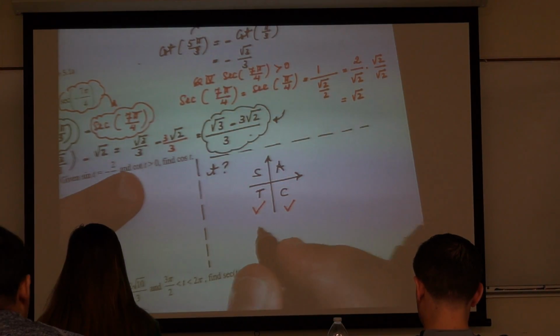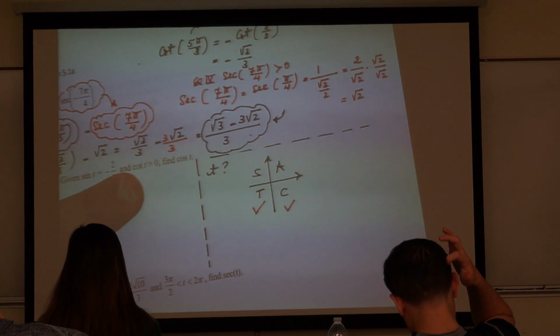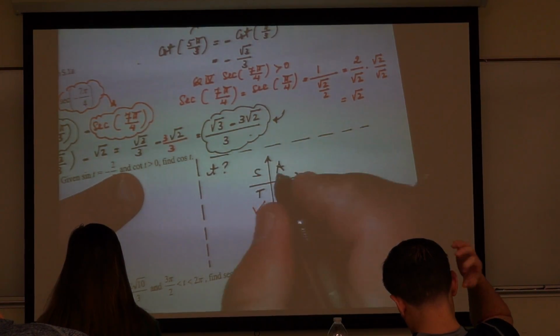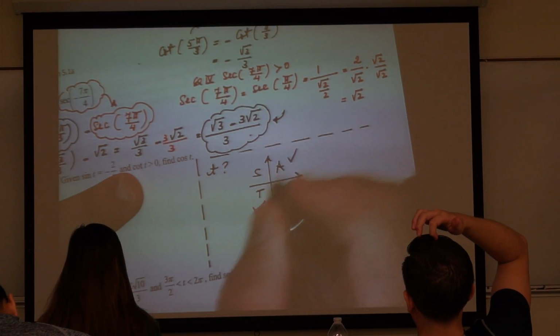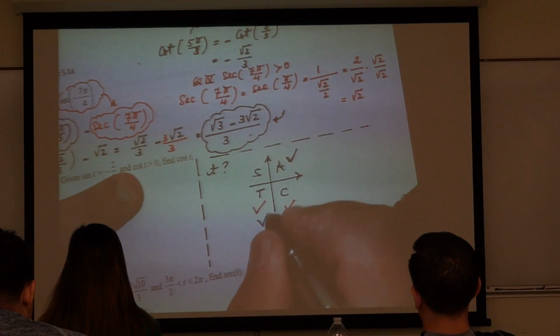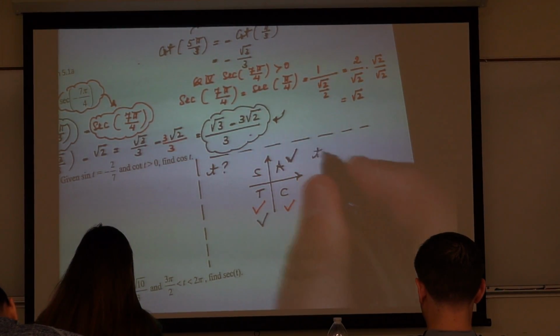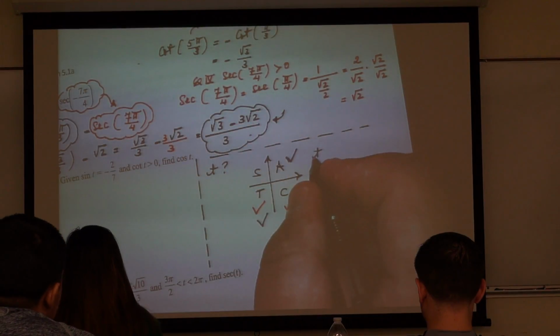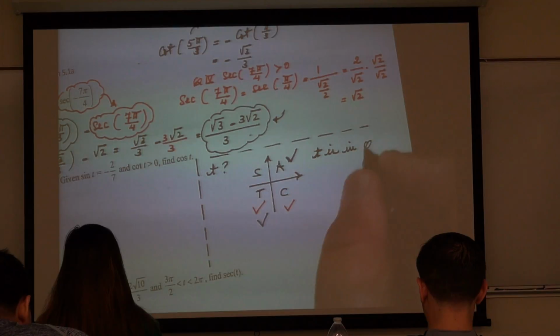So where is cotangent t positive? In the first quadrant, all of them are positive, and in the third. So where is t? In quadrant 3. So t is in quadrant what? In quadrant 3.